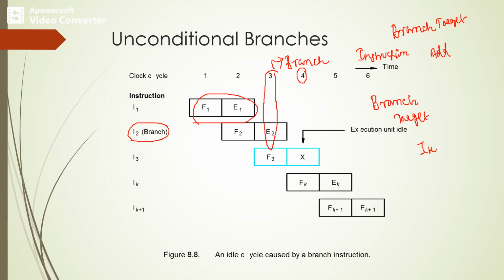So here the processor will discard the instruction and the execution unit will be in idle mode during this clock cycle, so the pipeline is stalled for 1 clock cycle.